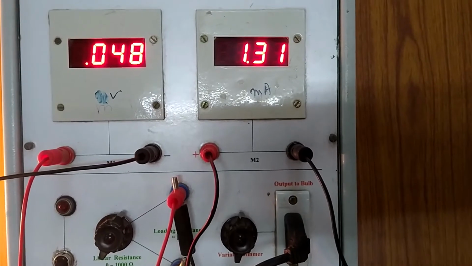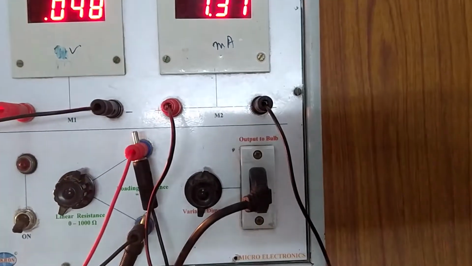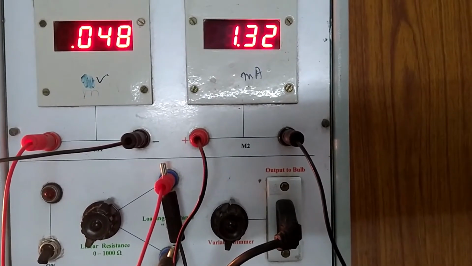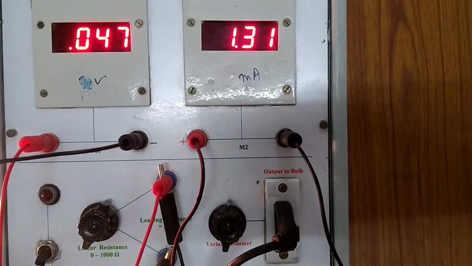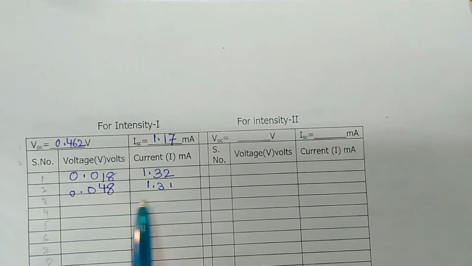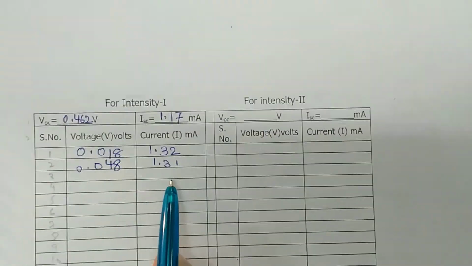So I take roughly 0.0548, corresponding value as 1.31. So I have taken this as 0.08, corresponding current as 1.31.